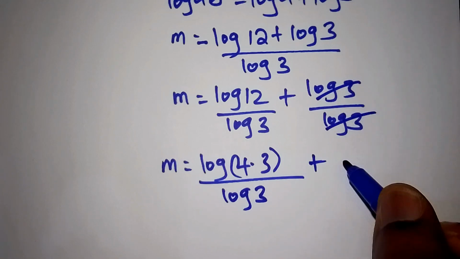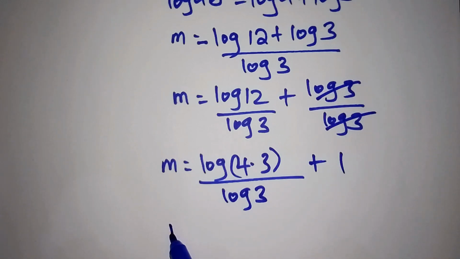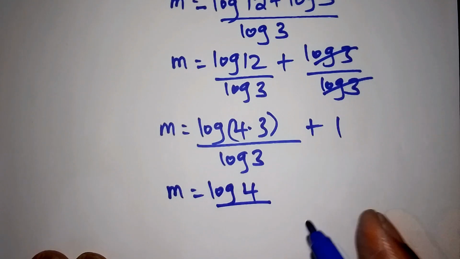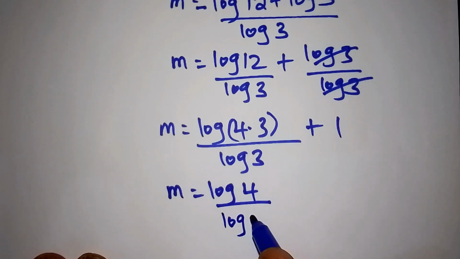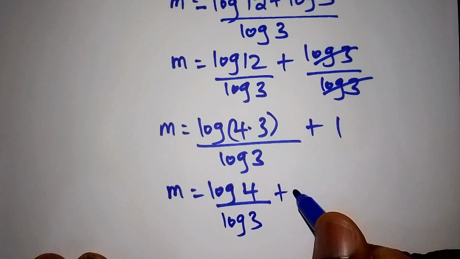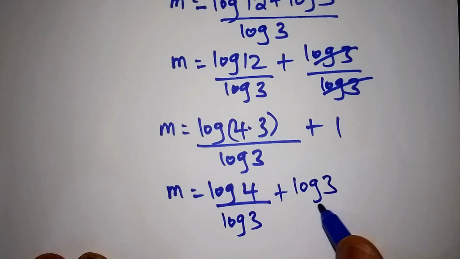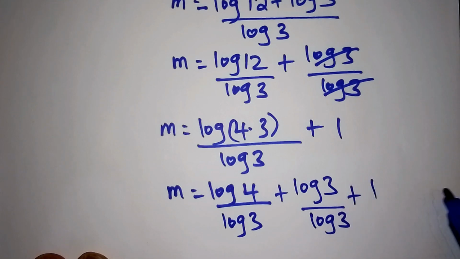When we cancel this, it shall remain with 1. So m is equals to the log of 4 over the log of 3, plus the log of 3 over the log of 3, plus 1.